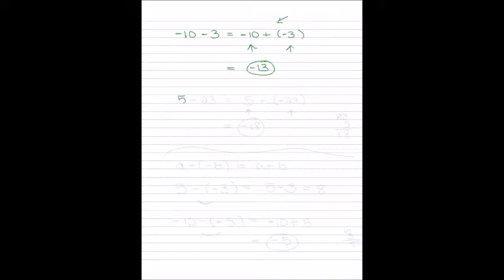Let's say if I had 5 minus 23. So change this to an addition problem by pushing the negative sign with the 23. And so in this case, these signs are different. This is a positive 5. This is a negative 23. They're different. So the rule for different signs is you subtract the two numbers. So I do 23 minus 5.